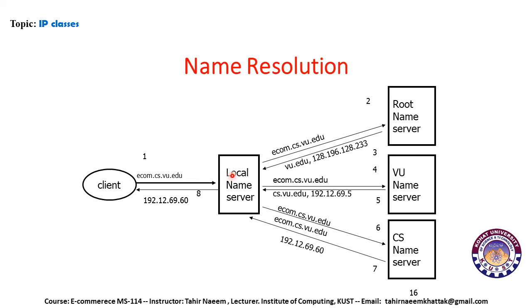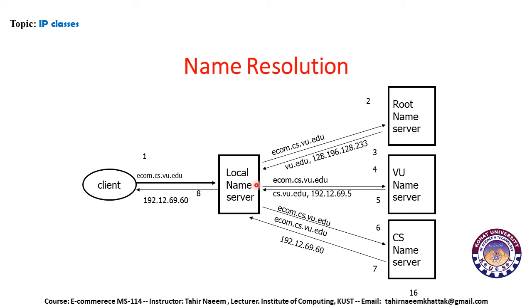The local name server will send this address to the root name server, as shown in the second step. The root name server will respond with its own IP address.